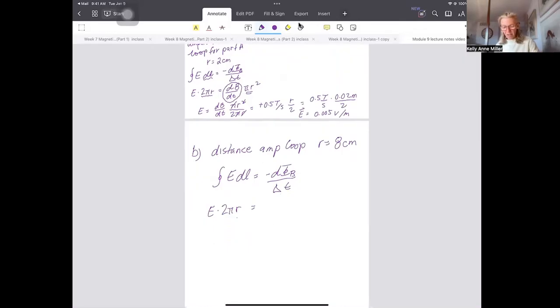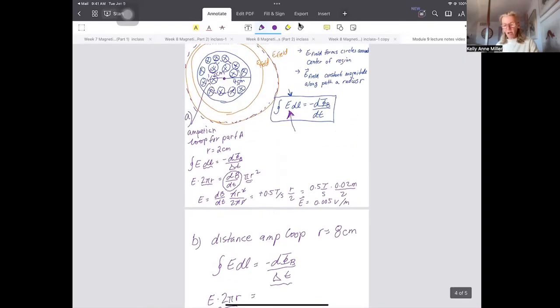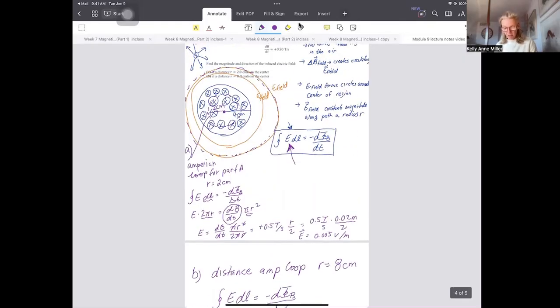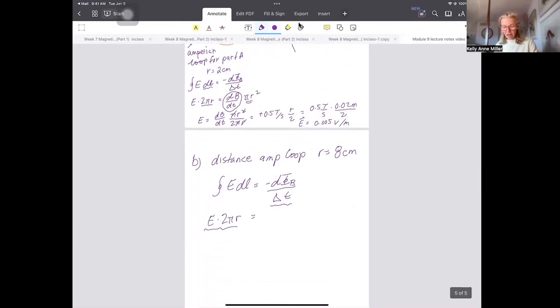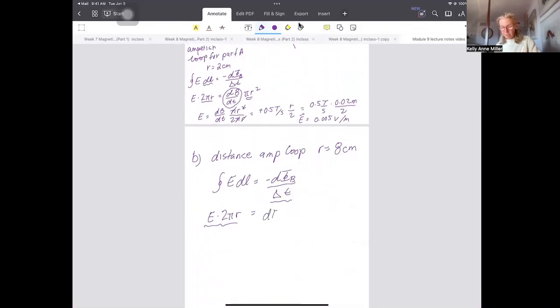This side of the equation is relevant to the loop that I've drawn, whereas this side of the equation is relevant to the geometry of the magnetic field. Okay, so it's important to note that in part A, because I was inside the magnetic field, the R's were the same, but here now they're not going to be, right? So this is going to be equal to dB dt.